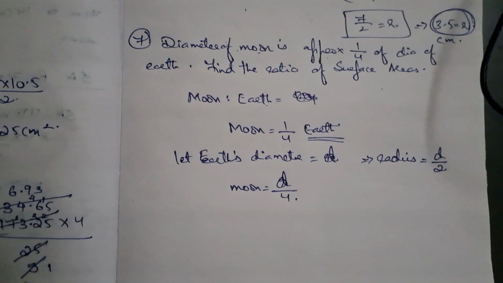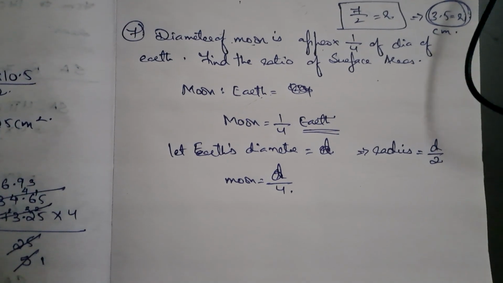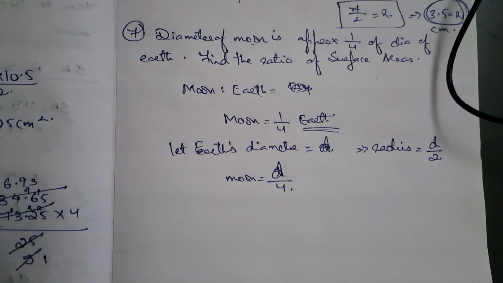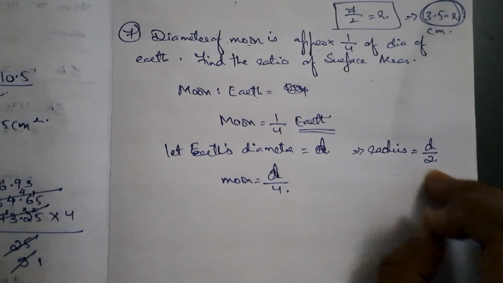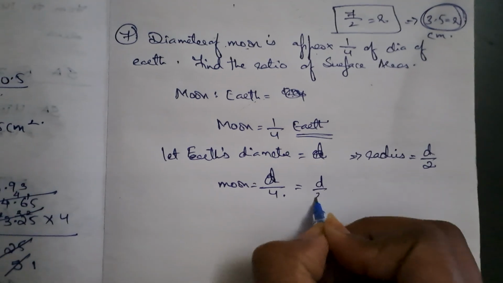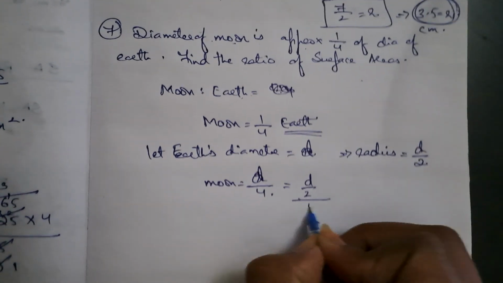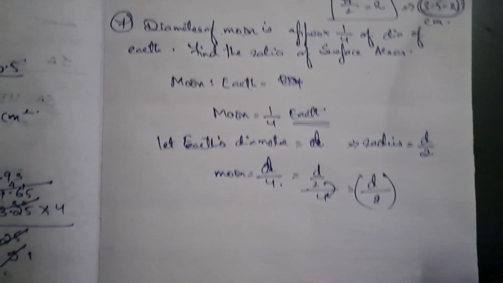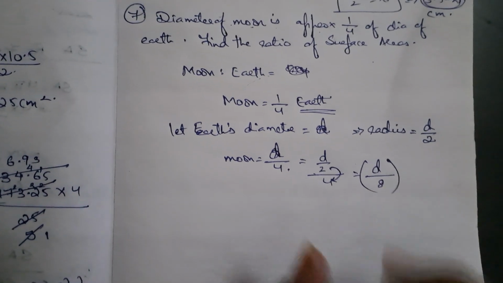We can simply take the radius to be r for this one, and the other one would be r by 8. Or let's take it as d by 2 in here, and then this becomes d by 2 whole divided by 4. This goes down, it becomes d by 8. This is the radius of the moon.